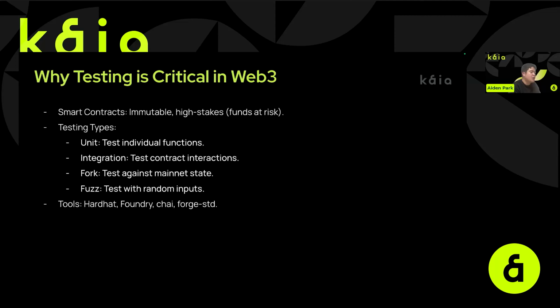Sorry, but when you want to test against the mainnet state, let's say you want to use some whales' balances to test, then in the local network it's very hard to get this.